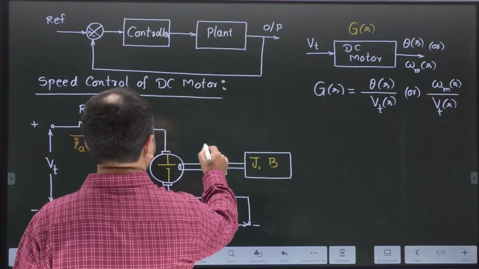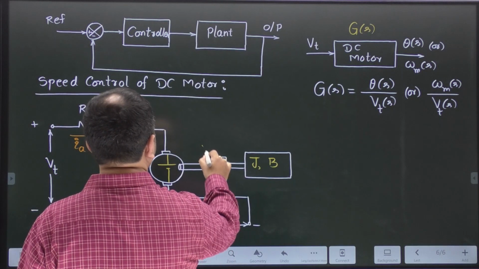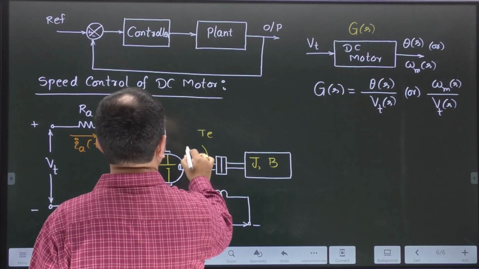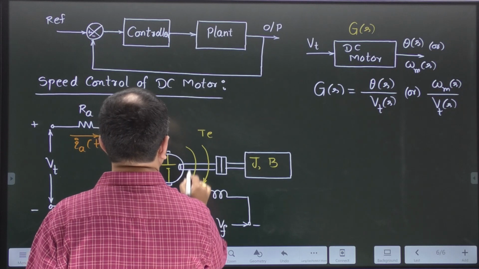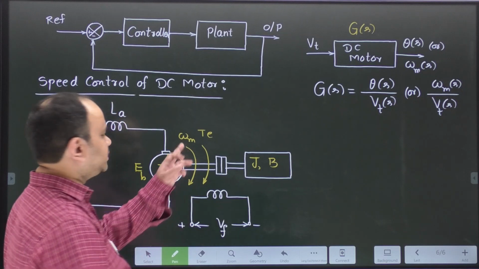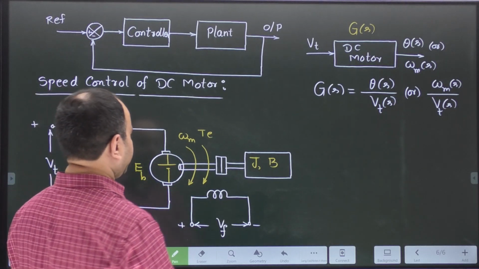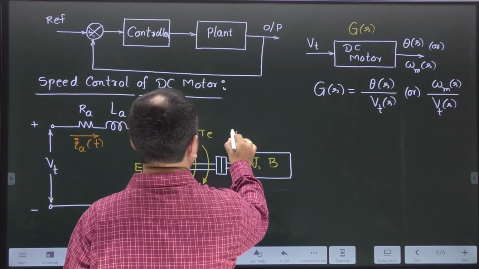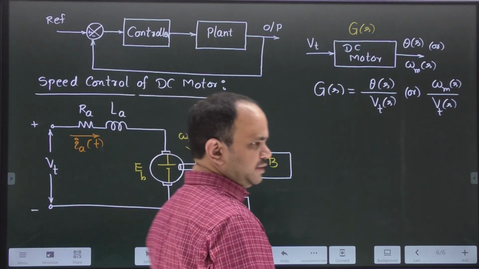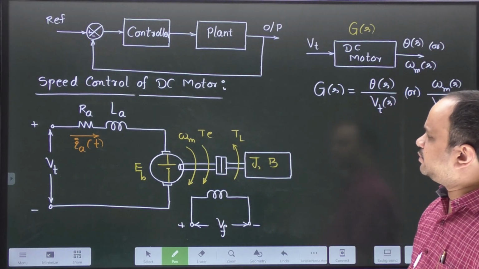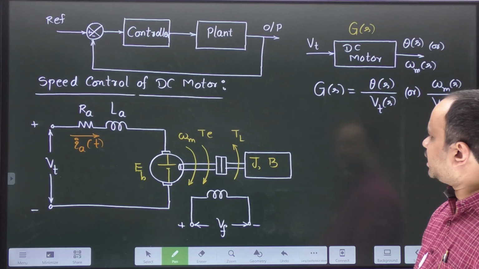This is TE, the mechanical speed can be represented with omega m, and the load torque can be taken opposite to TE. So basically this is the DC motor circuit representation.